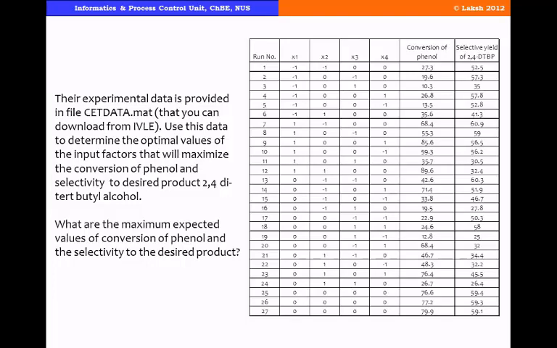So in the first experiment, x1 and x2 are set at low values, and x3 and x4 are set at the nominal values or the middle values, because they carry a value 0.